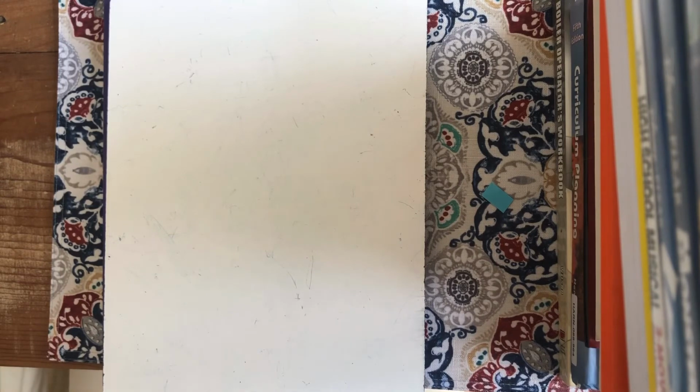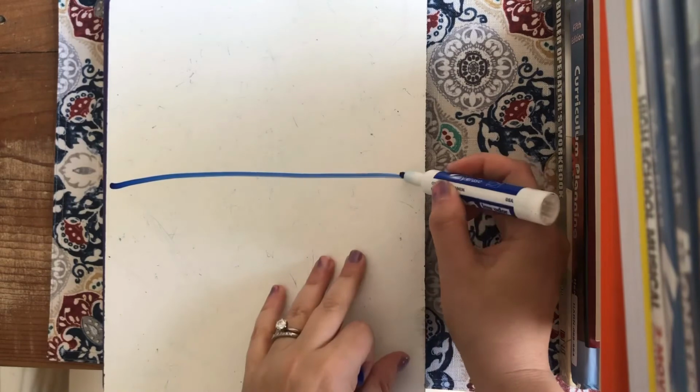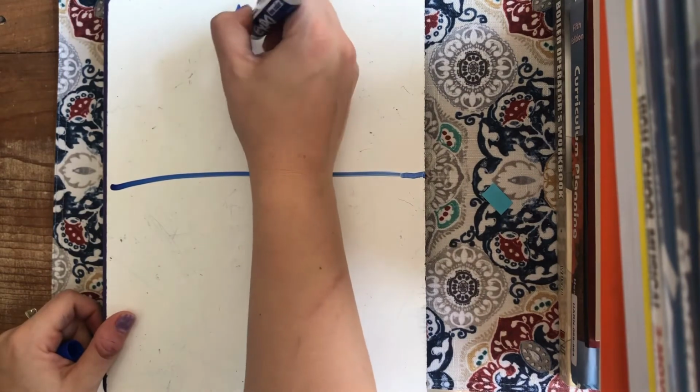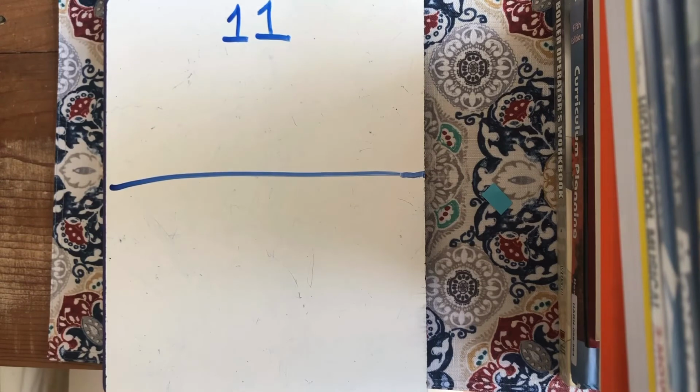Moving on to our second math journal, that's just going to be a divide in the middle here. I'm breaking it in half. We are on the number 11. I'll give you some time to write the number 11 if you would like.